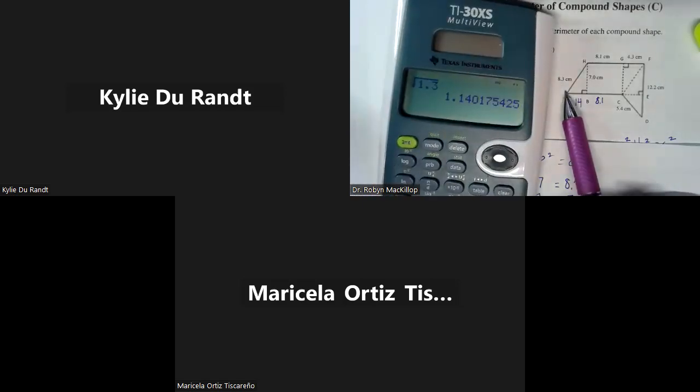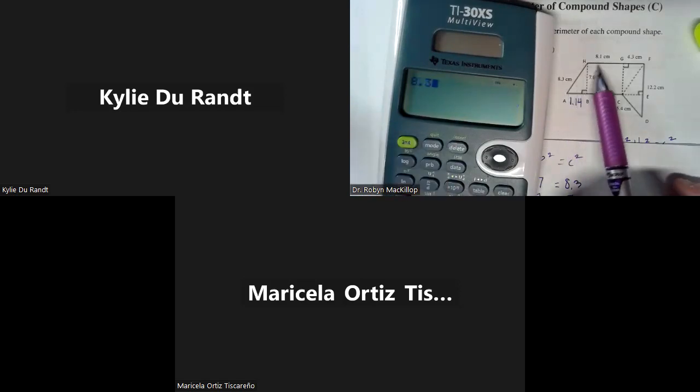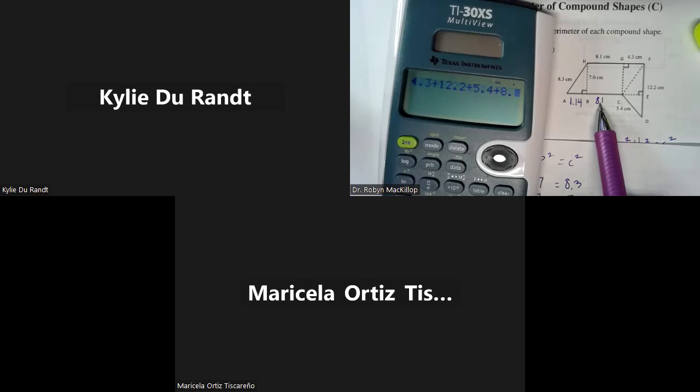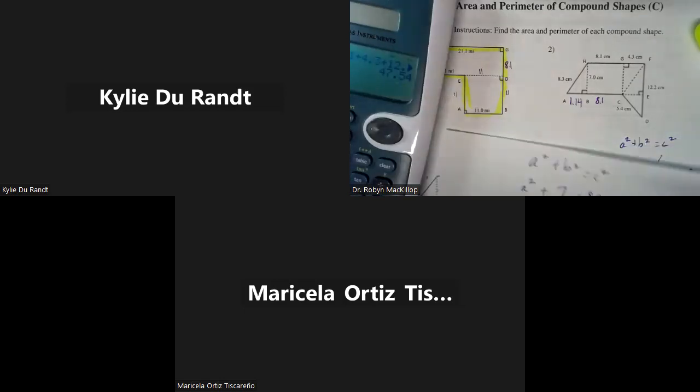So we have got 8.3 plus 8.1 plus 4.3 plus this whole side is 12.2 plus this little angled up area, 5.4 plus 8.1 plus our last little bit, 1.14. 47.54. That is our perimeter for this shape.